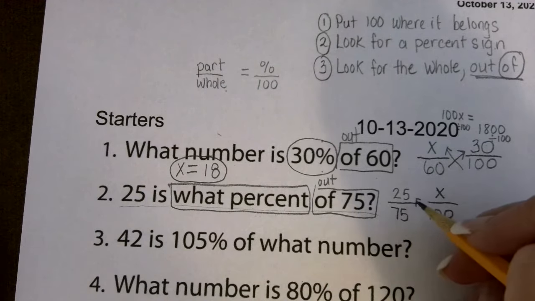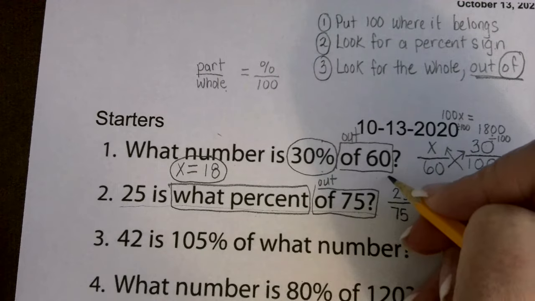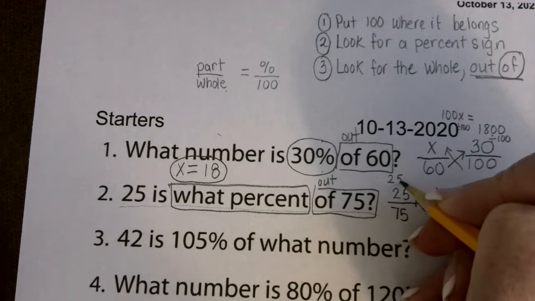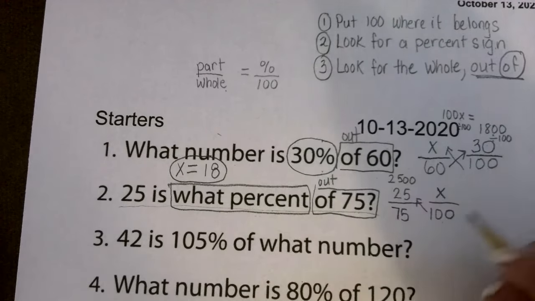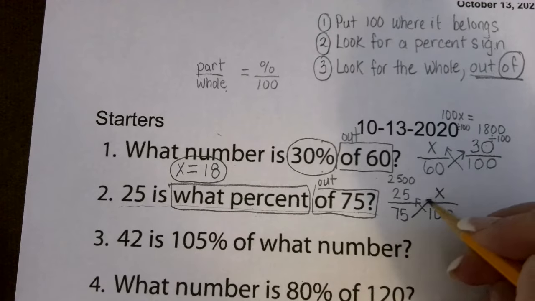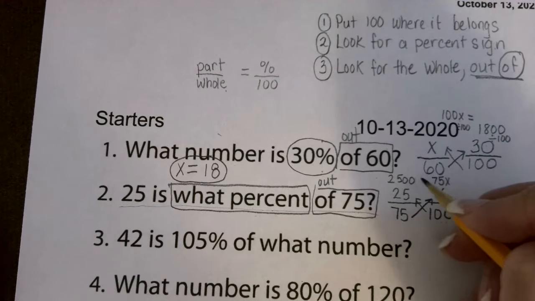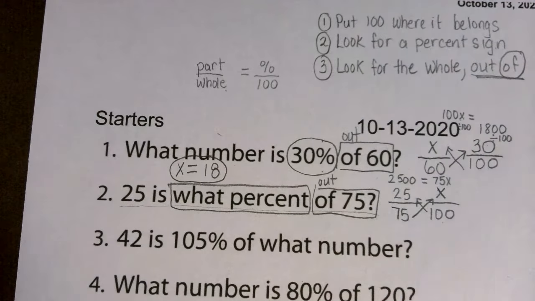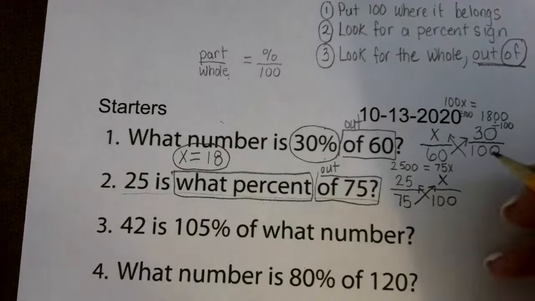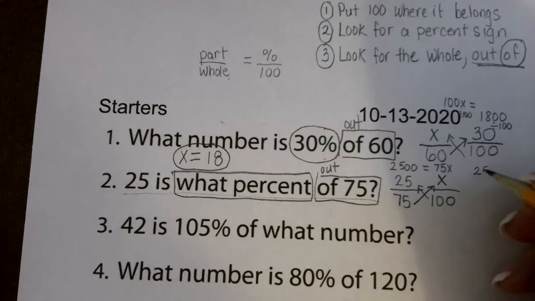Again, I'm going to cross multiply. I have 100 times 25 is 2500. 75 times x is 75x. Those two things have to be equal, because remember, when we cross multiply, things have to be equal. So to get the answer, I've got 2500 and that equals 75x.